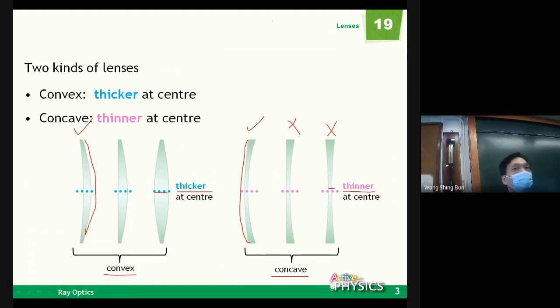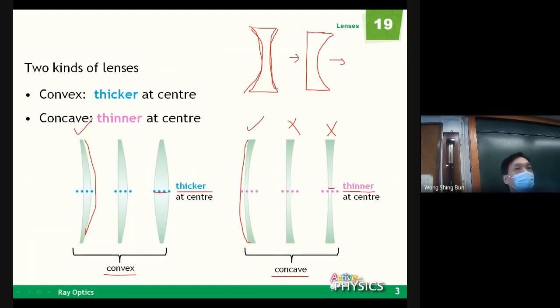But how to make it? Let me draw the diagram. Originally, the concave lens should be like this. The center should be thinner. Now we can modify it to make this curvature straight and make this curvature more curved. Then what will happen? Like that. But this part also has great air resistance.